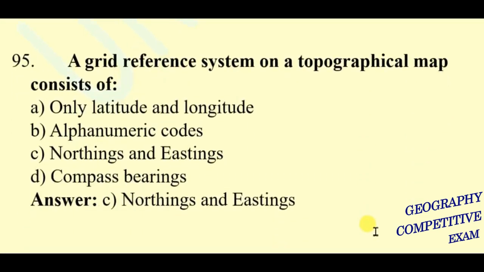Question 95. A grid reference system on a topographical map consists of only latitude and longitude, alphanumeric codes, northings and eastings, compass bearing. Here the right answer will be northing and easting.